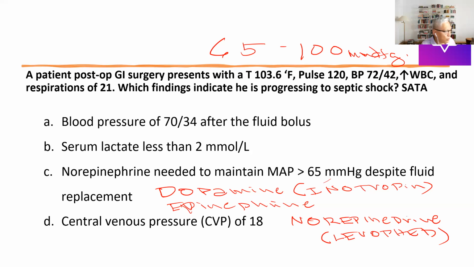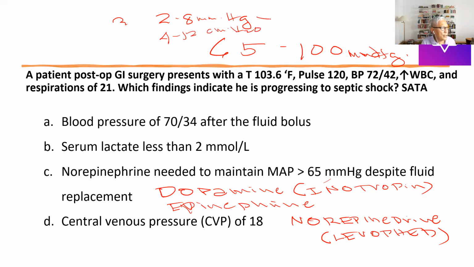Okay, so I also would like to write the normal CVP. Now, CVP could be measured in millimeters of mercury, and so we said 2 to 8 millimeters of mercury. And the other measurement is actually centimeters of water, and that's 4 to 12 centimeters of water.